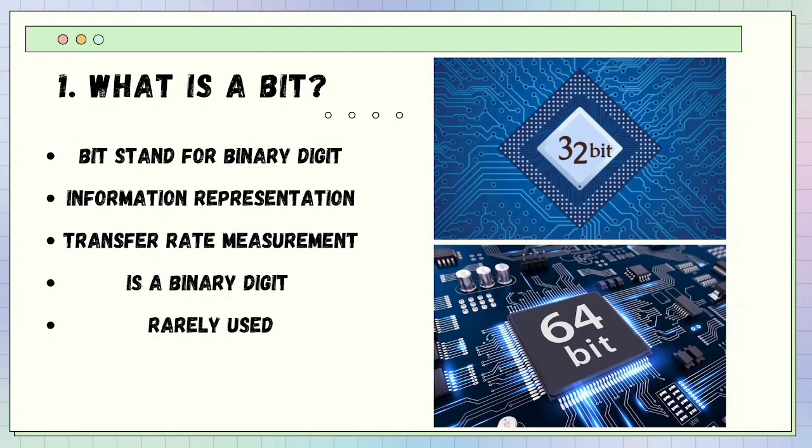A bit is either a binary digit 0 or 1, and thus represents either the corresponding on or off state of the logical gate in the electronic circuit. However, the bit representation is too verbose, so users rarely use this unit.